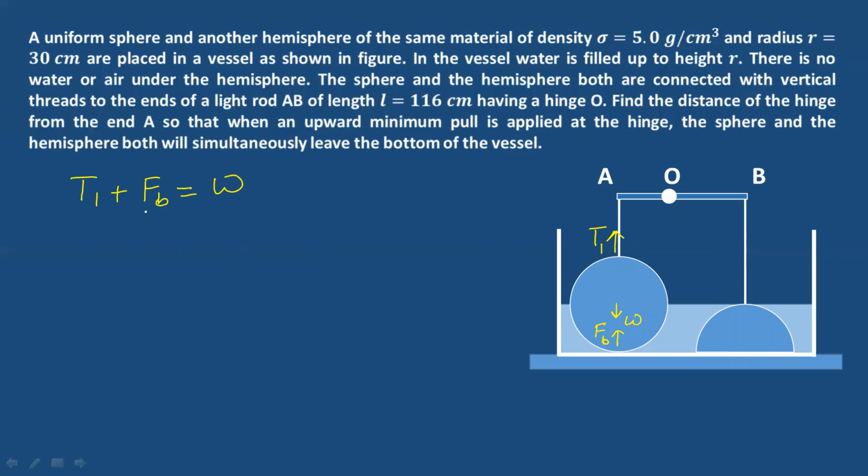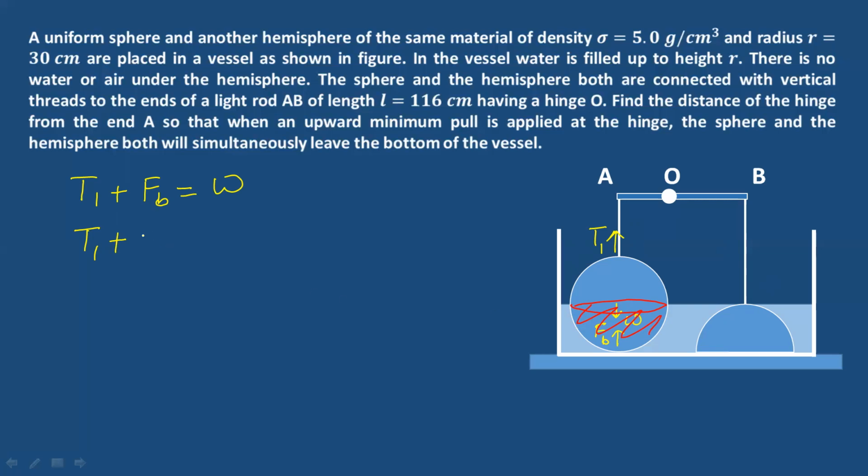Now, what would the buoyancy be? The buoyancy would be equal to the weight of the liquid that is submerged inside the liquid. So this would be T1 plus the weight of the liquid that has been displaced by this particular volume.